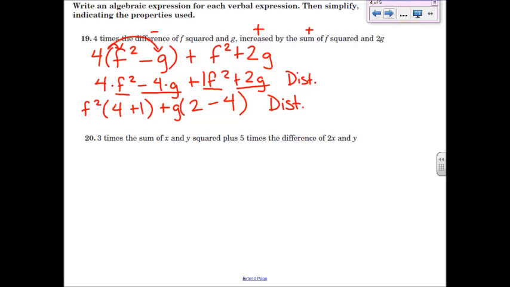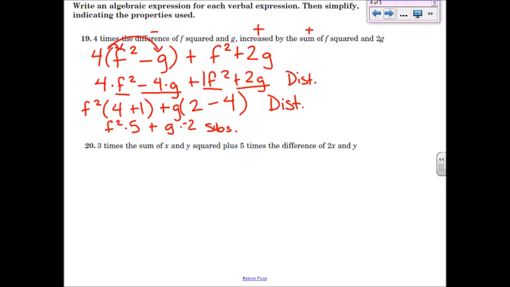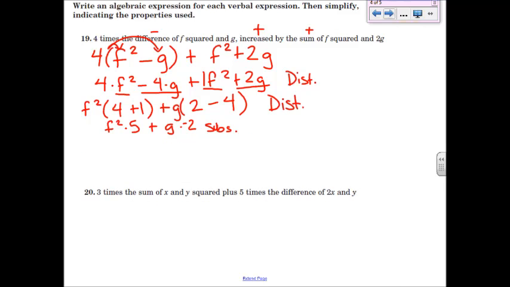4 plus 1 is 5, so I have f squared times 5. And then 2 minus 4 is negative 2, so I have g times negative 2. And that's the substitution property. And then I would write the numbers in front.